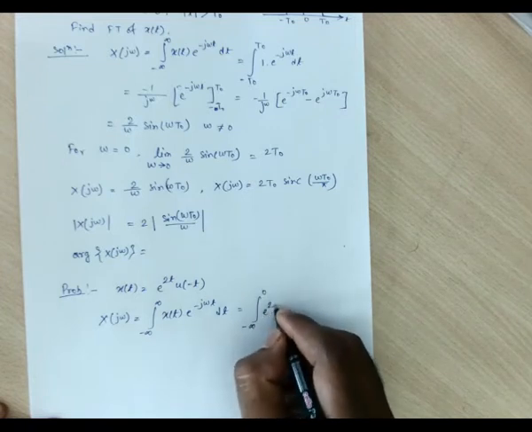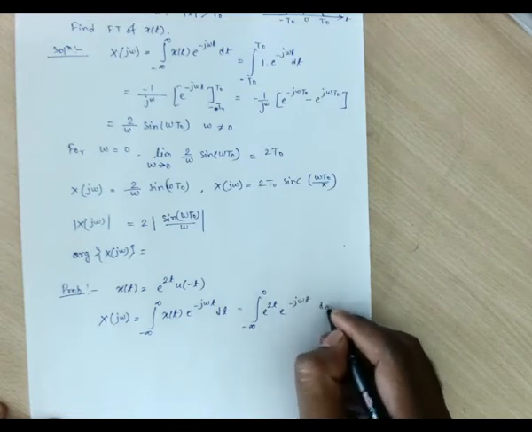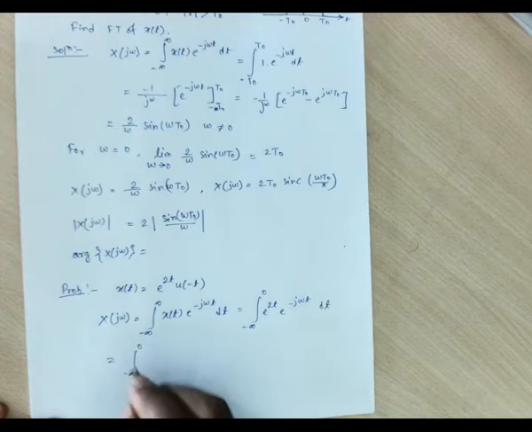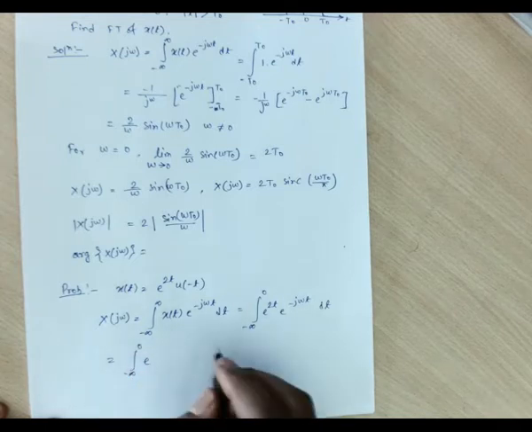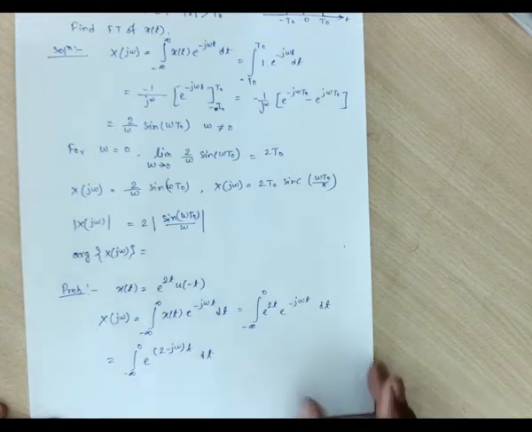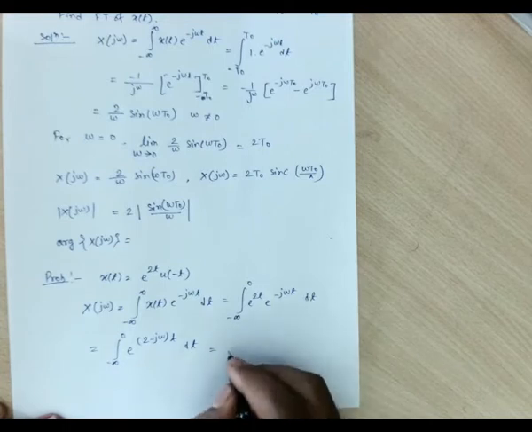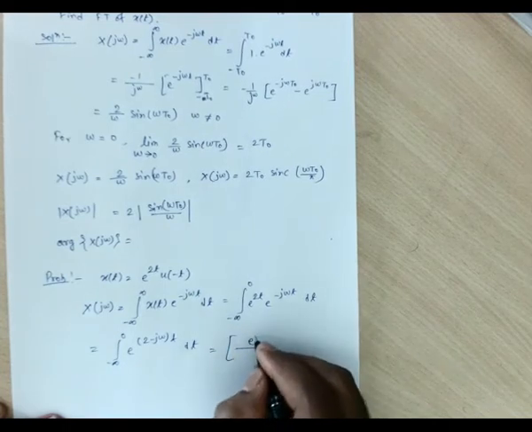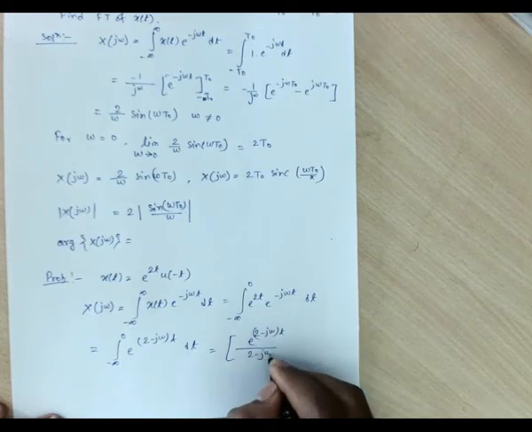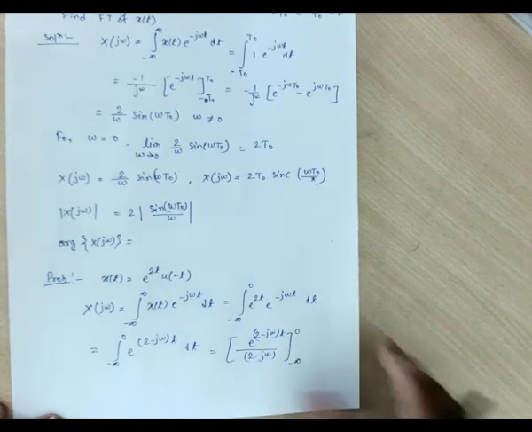That is the integral from minus infinity to 0 of e to the power twice t e to the power minus j omega t dt, and taking t common, e to the power (twice minus j omega) t dt. Now take the integration: e to the power (twice minus j omega) t divided by (twice minus j omega), from minus infinity to 0.